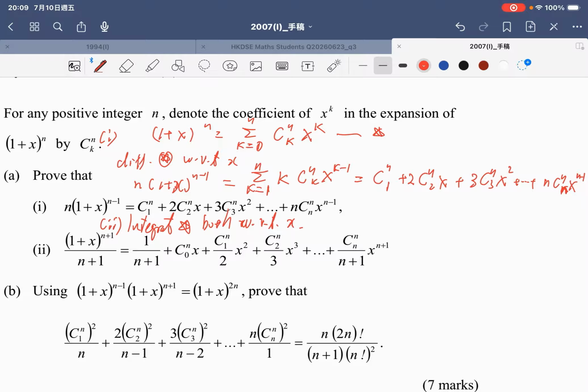Here I write it in detail: integrate (1 + t)^n dt over the domain 0 to x.